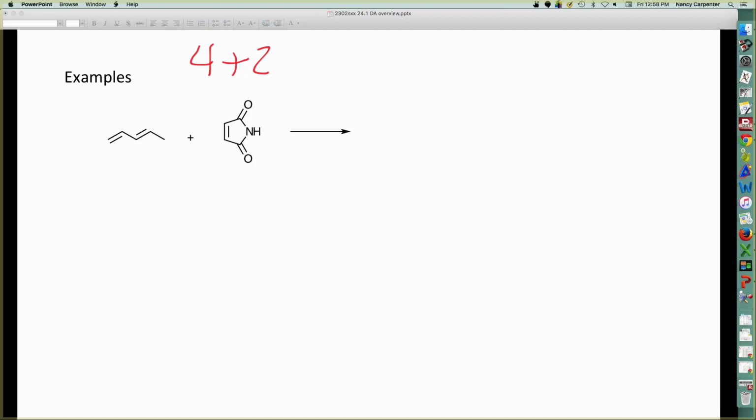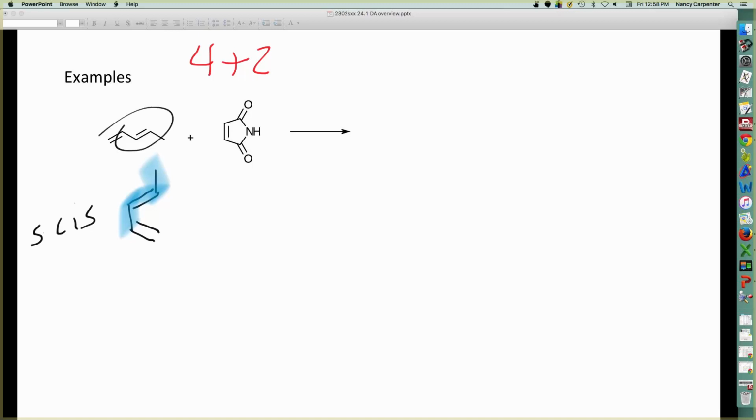So the first thing you're going to want to do is take your diene, and you need to recognize dienes first off. I can see that's a diene, and now what I'm going to do is redraw this so that it is in what's called the S-cis conformation. And note that I am keeping the stereochemistry of my double bond constant. Okay, so it's a trans alkene there.